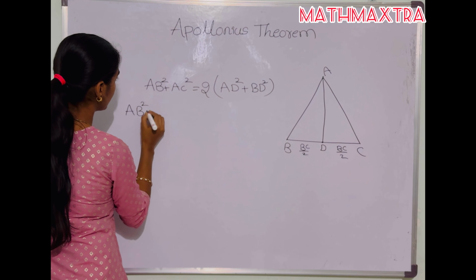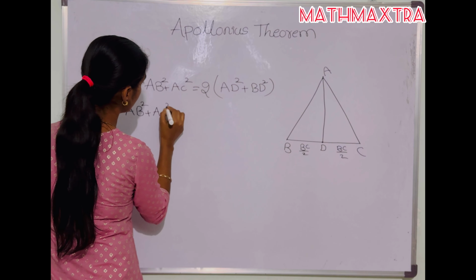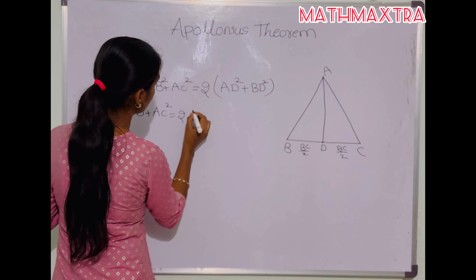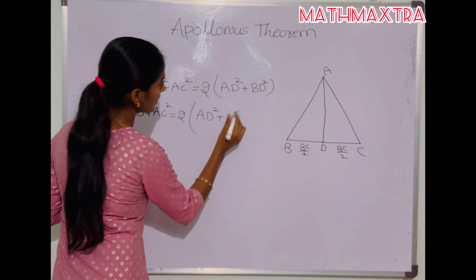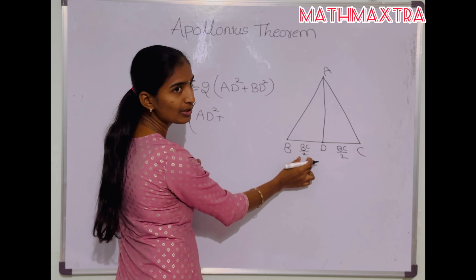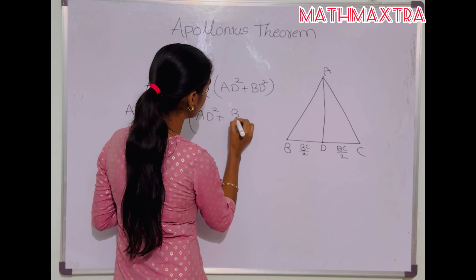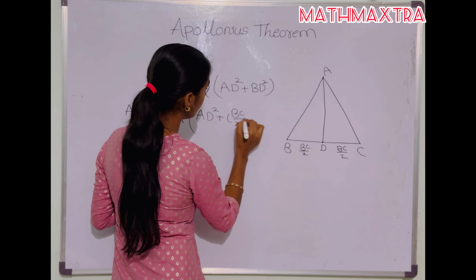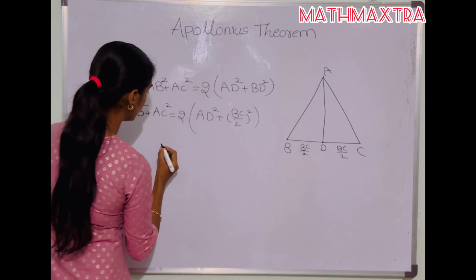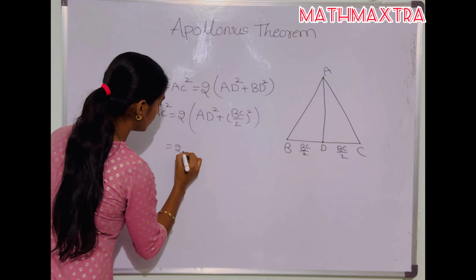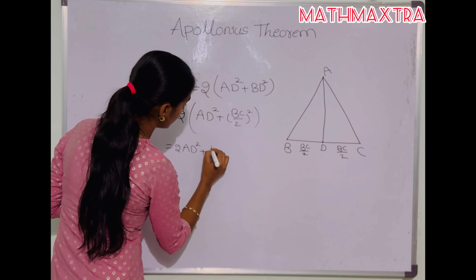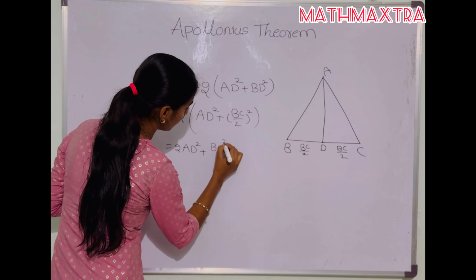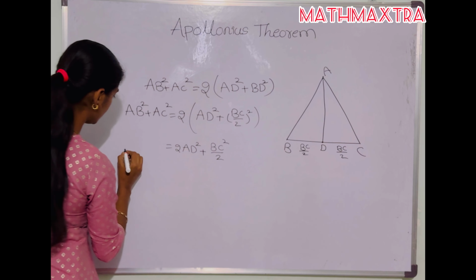So AB square plus AC square is equal to twice AD square plus BD, which is nothing but BC by 2. So I am writing BC by 2 in place of BD. So 2 times of AD square plus BC square by 2.